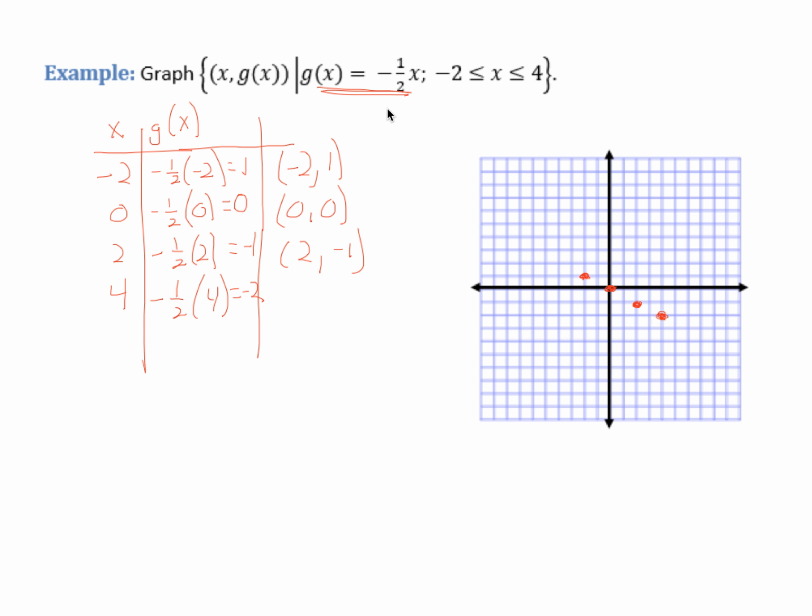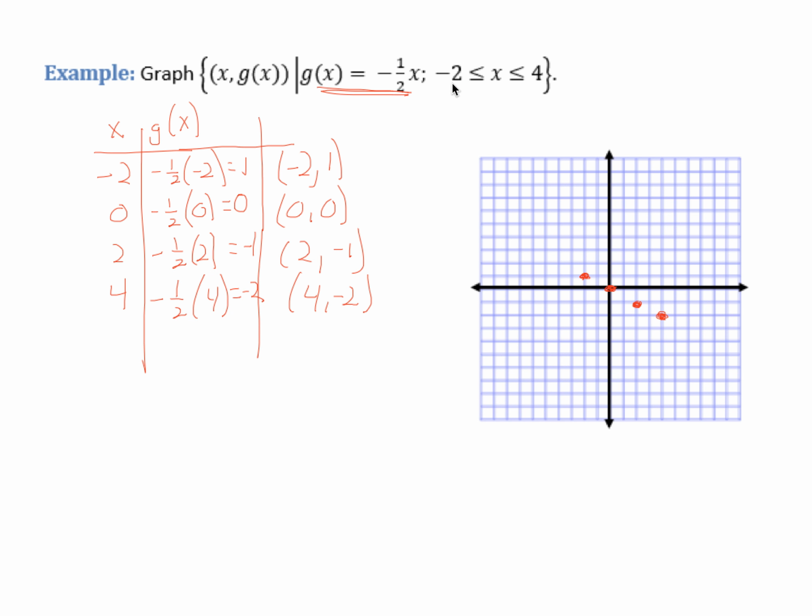Now here's something that we have to think through here. We want all x values between negative 2 and 4. So we want all these x values to be represented. We chose a few numbers to find ordered pairs. So we have 4 ordered pairs, but it's not just asking for 4 points, it's asking for all points between here.